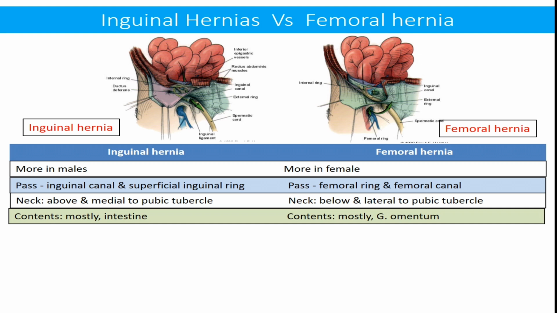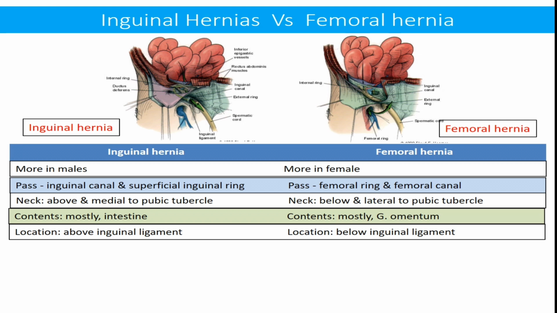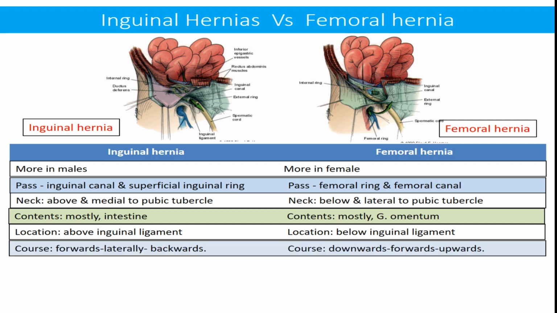Inguinal hernia contents are mostly intestine, whereas contents of the femoral hernia are mostly greater omentum. Inguinal hernia is located above the inguinal ligament, whereas femoral hernia is located below the inguinal ligament.